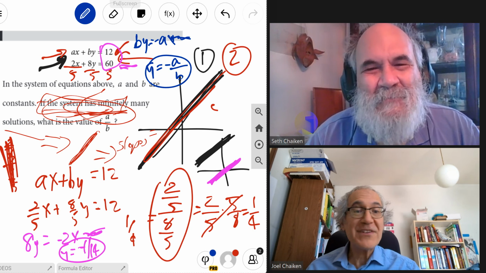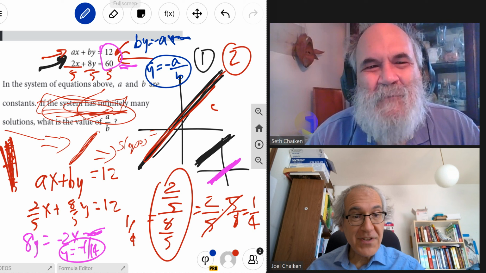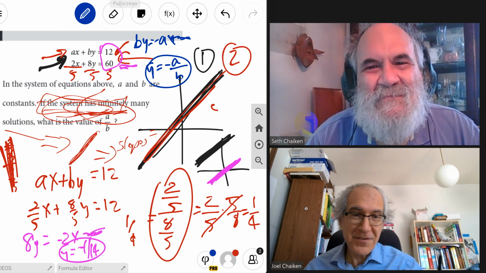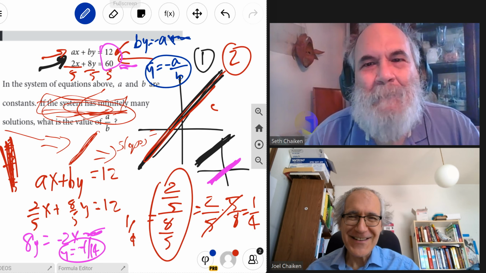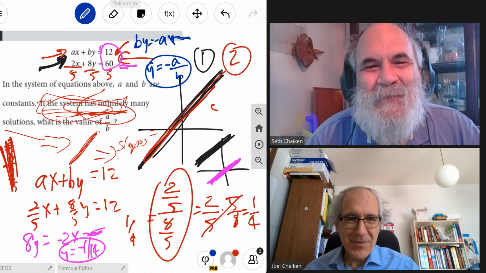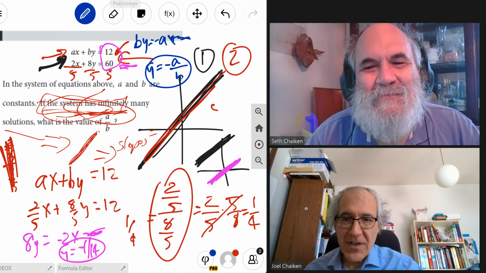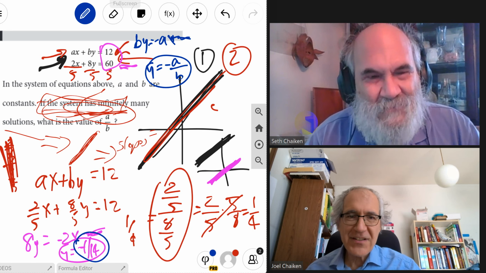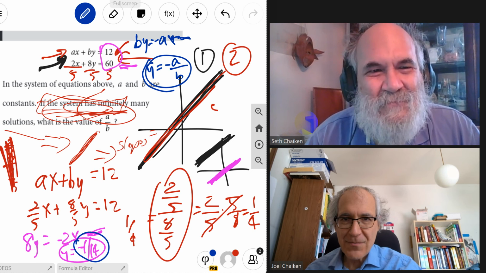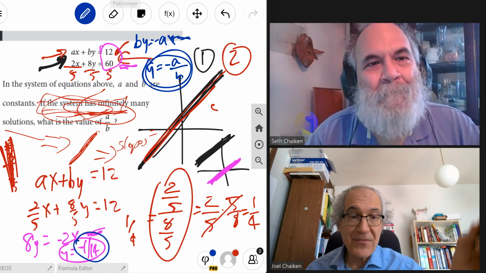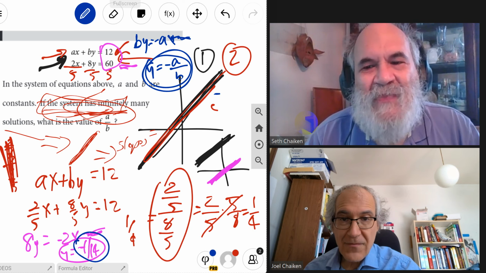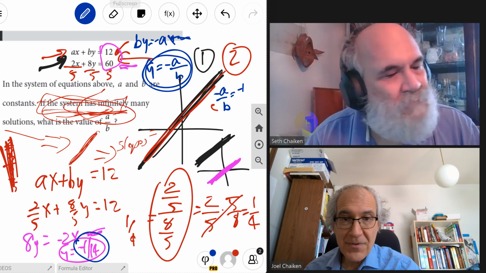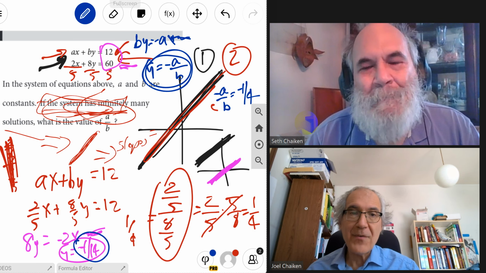But I'm just doing it more methodically, by slope. So if the slope is negative a quarter, and look at this coincidence, they're giving negative a over b. So negative a over b has to equal negative a quarter, which means that a over b is a quarter.